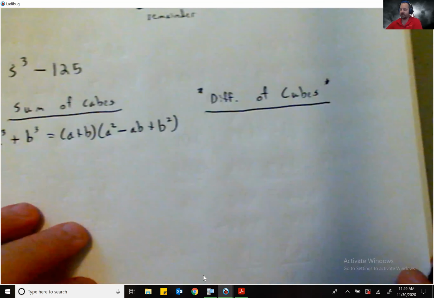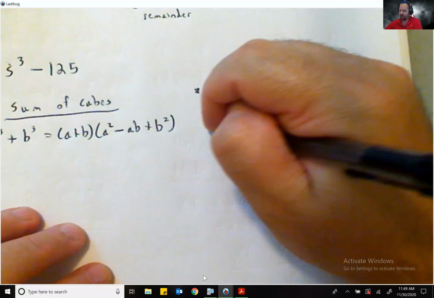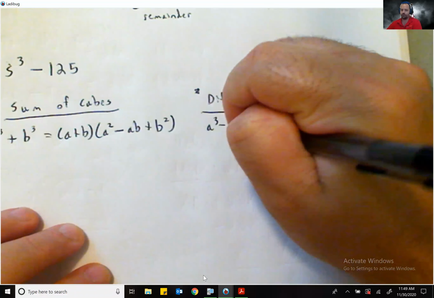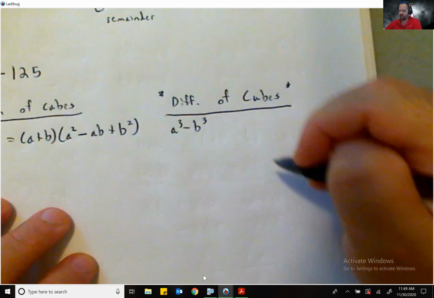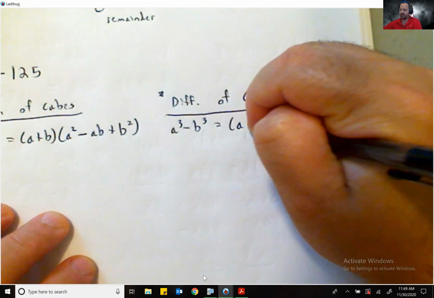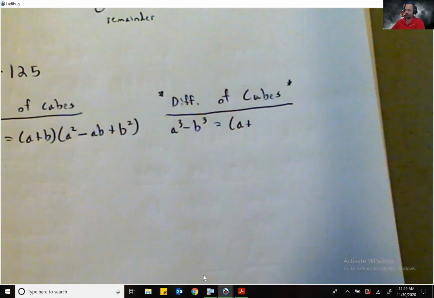The difference of cubes is a cubed minus b cubed, which factors to a minus b. I put a plus again, silly Mr. Armstrong.